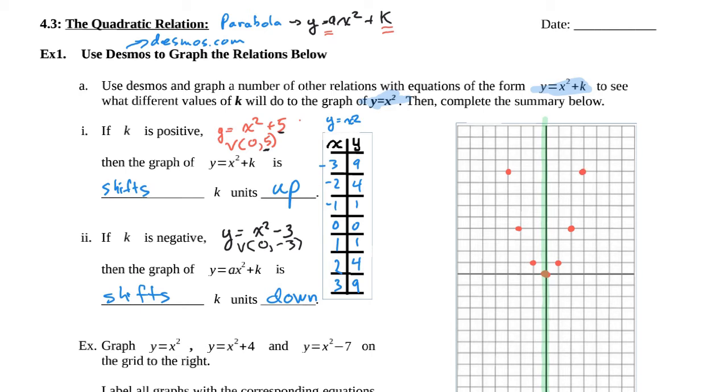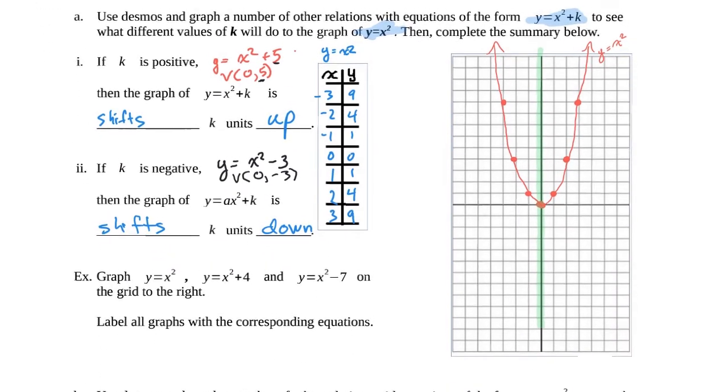So it makes it very easy for us to graph these parabolas. Okay, so now we have our basic graph matched and pointed out properly. So the key idea is, if I have x squared minus a number, the graph shifts down. If I have x squared plus a number, my graph shifts up. That's all it does. So let's take a look at this set of problems right here.